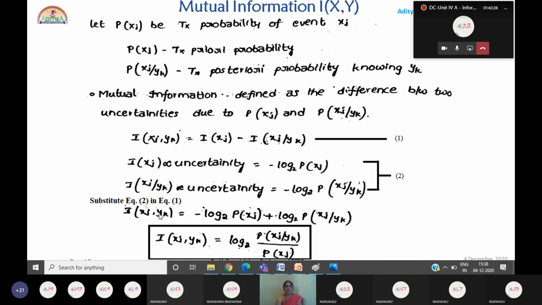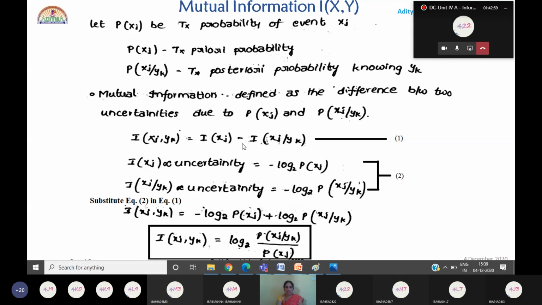So for I of xj comma yk, please substitute the uncertainties of I of xj and I of xj by yk, which are shown in equation 2, into equation 1. Then you will get I of xj comma yk is equal to minus log p of xj base 2, minus of minus.